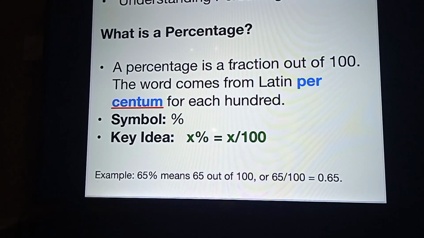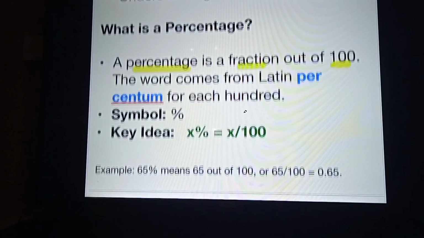What a percentage is. A percentage is a fraction out of 100. The word comes from Latin, percentum, meaning for each 100.